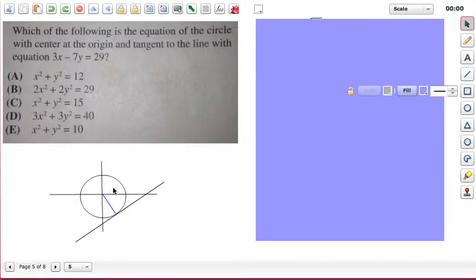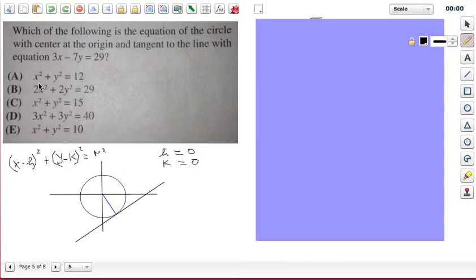So to find the equation of the circle, since the general equation is x minus h squared plus y minus k squared is equal to r squared, you know h and k because that's 0, 0. So what we need to do is look at the following answer choices and figure out which of these equations will give us this radius here, which is the distance from the center to the point of tangency.